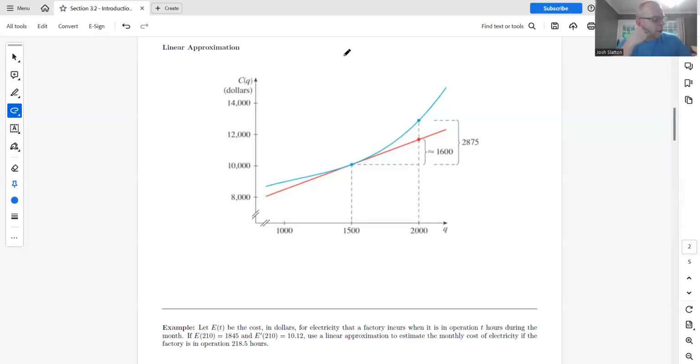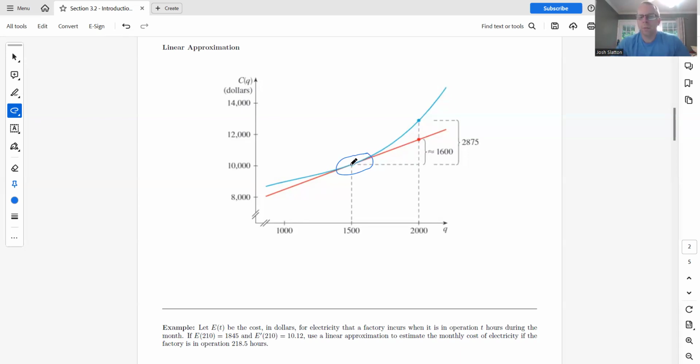On this next section, page 2, we're going to talk about linear approximation, and this is kind of what the marginal cost is looking at. So linear approximation is this idea where when you have a curve, if you look in a small area around the curve, basically the curve is linear in this small area.